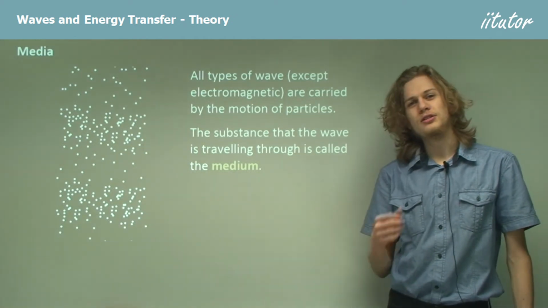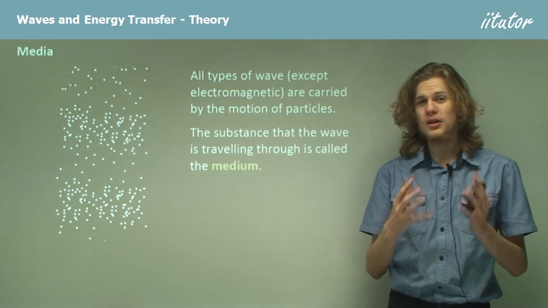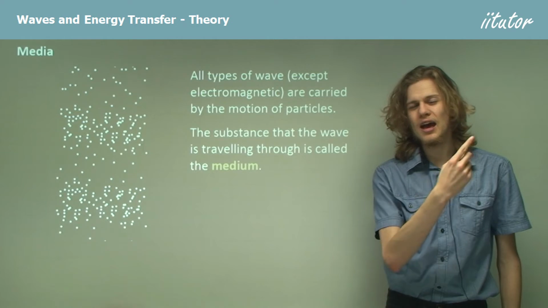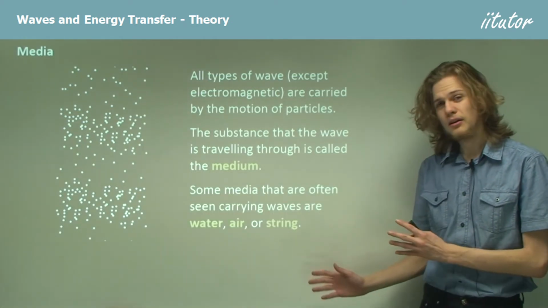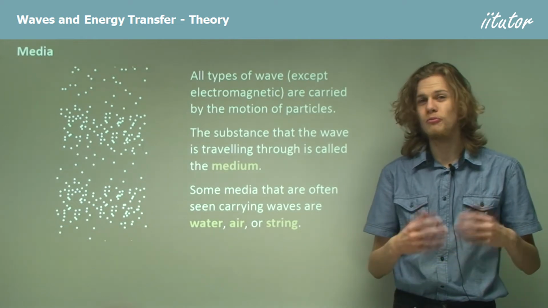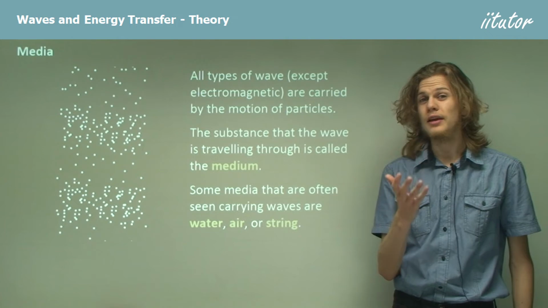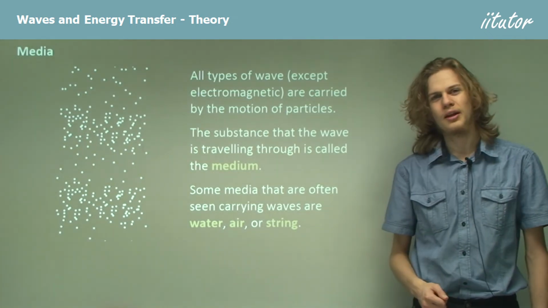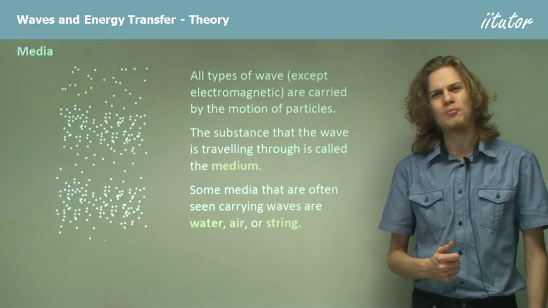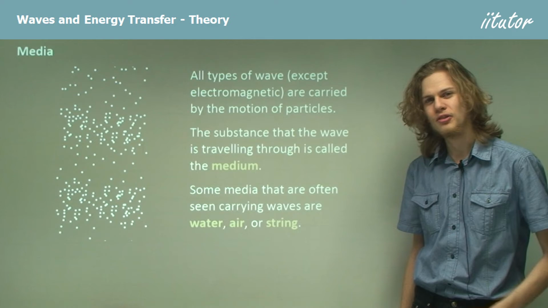If we think of sound waves traveling through air, then air is the medium. It's the particles in the air that let the sound wave travel. So some media, which is of course the plural of medium, that we see carrying waves might be the air, or water, or even a string, if we're doing a science experiment to demonstrate waves. Or if we're playing a musical instrument, for that matter.